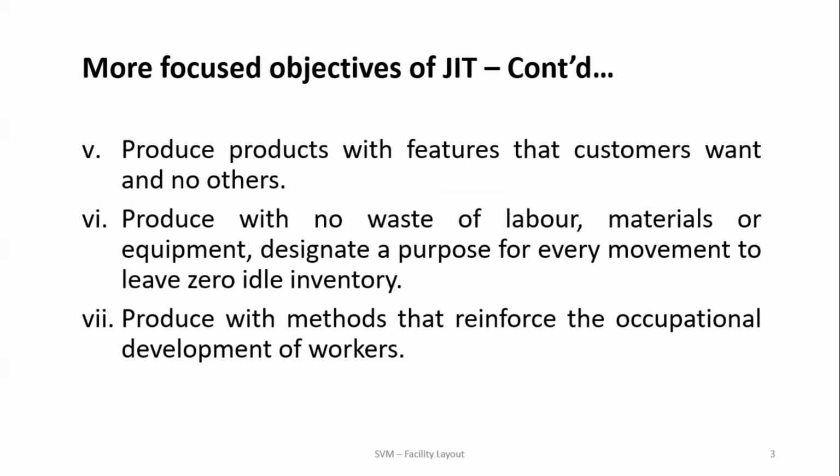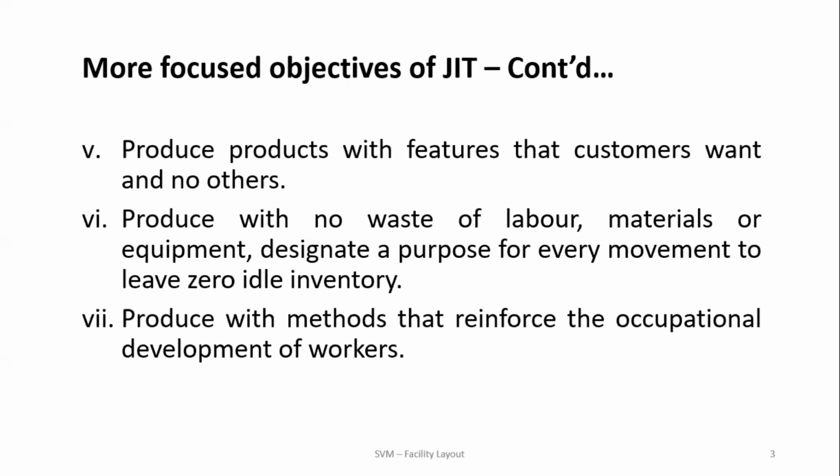Produce products with features that customers want and no others. Produce with no waste of labor, materials, or equipment. Designate a purpose for every movement to leave zero idle inventory. Produce with methods that reinforce the occupational development of workers.